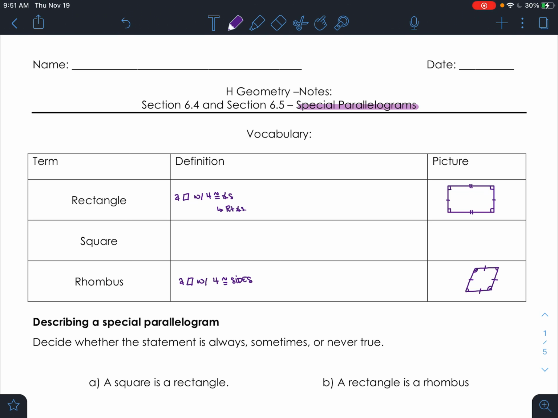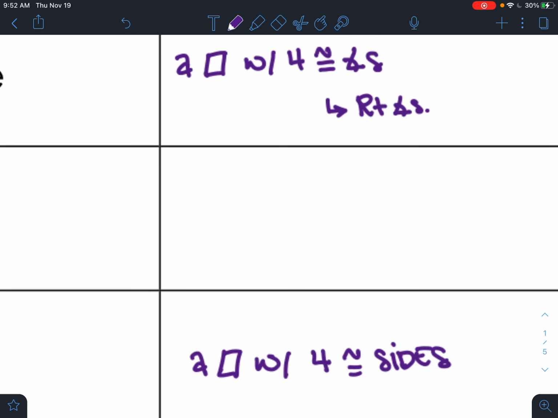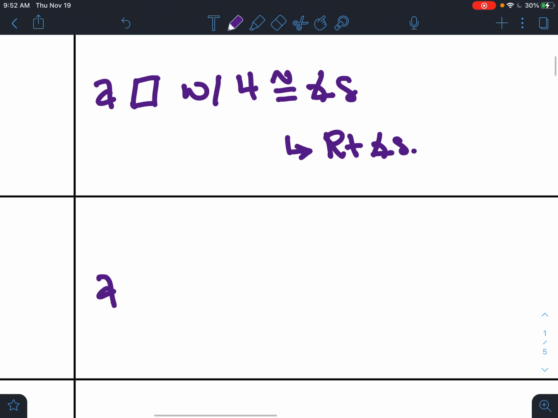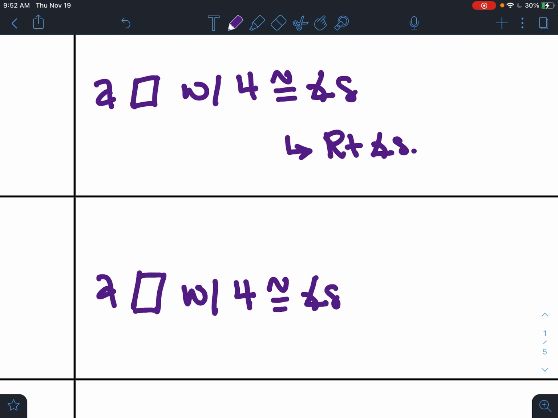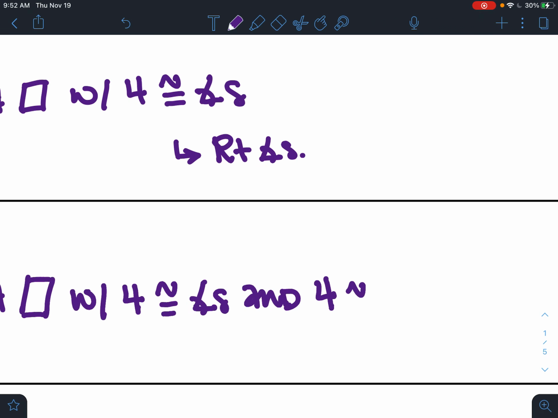Now, the last one is a square, and a square is like the most super special parallelogram, all right? So a square is a parallelogram with 4 congruent angles and 4 congruent sides. Okay?